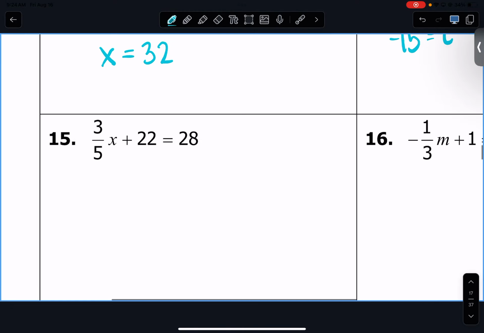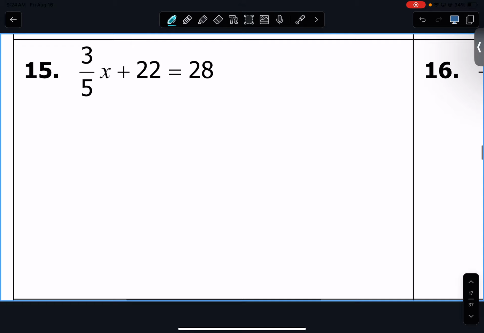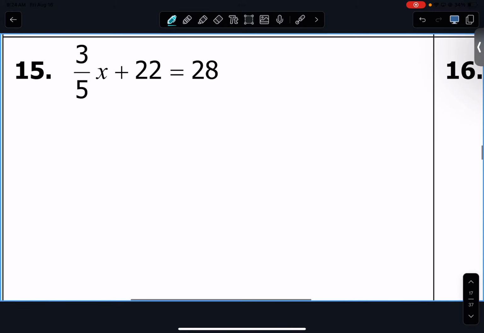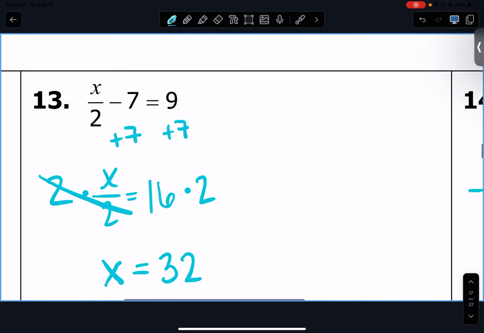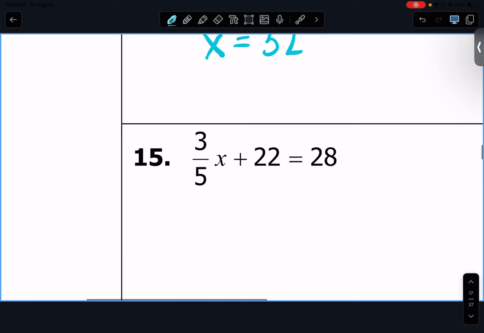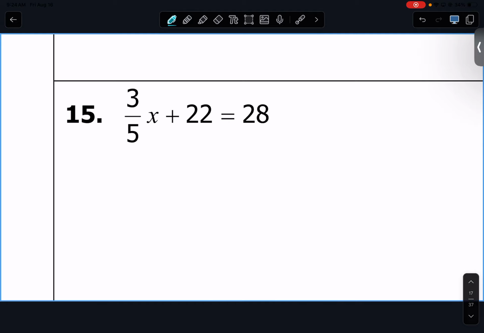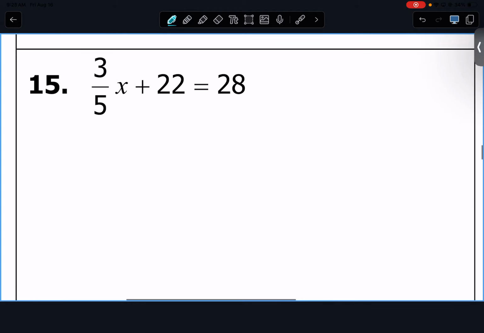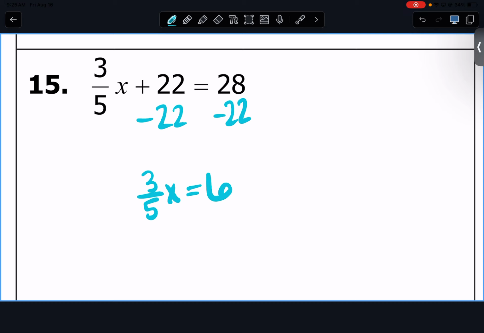Okay, now we're going to look at 15. Do y'all see how 15 is different than 13? It has a whole fraction in front instead of just a denominator. So that's where we have to flip it and multiply by the reciprocal. But before I do that, what do I got to do first? Subtract. So we get 3/5 x equals, now what?